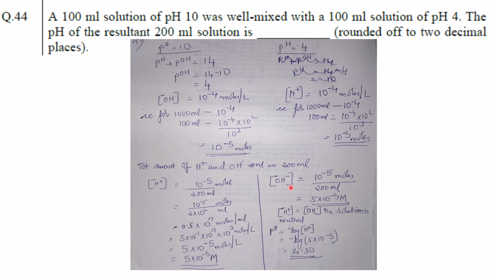And concentration of OH minus also will be 5 into 10 raised to minus 5 molar. Since concentration of H plus and OH minus are equal, the solution is neutral. So pH is equal to minus log concentration of H plus, that is minus log of 5 into 10 raised to minus 5 molar, that is 4.30. So the answer is 4.30.